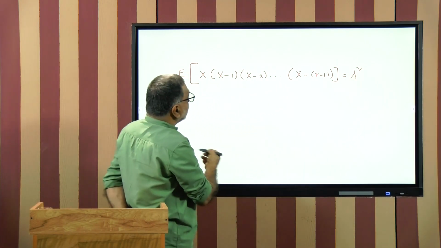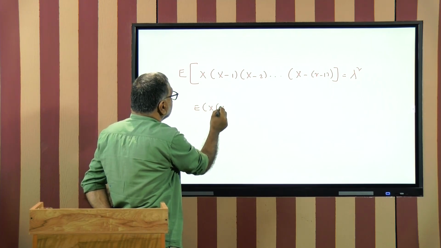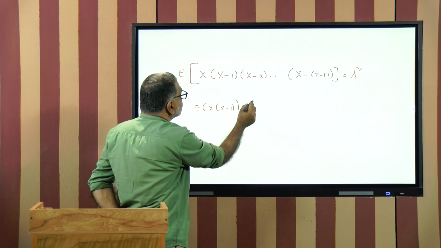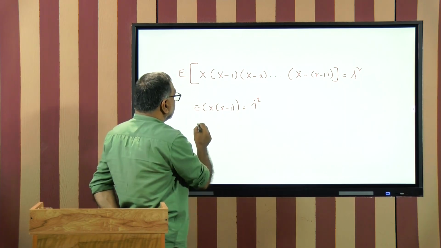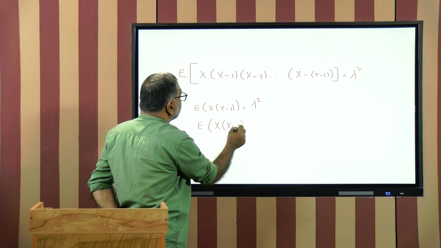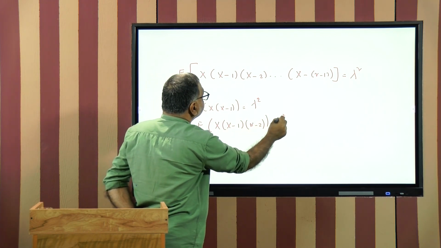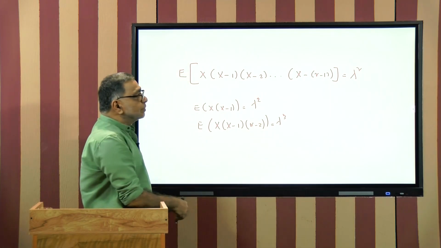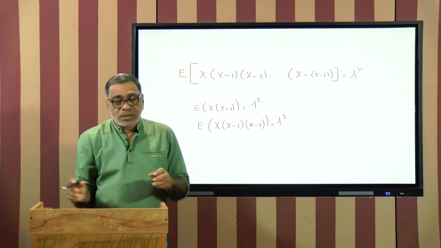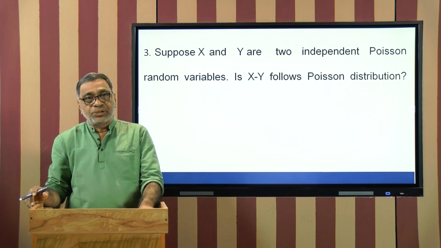So, for example, if you are finding x into x minus 1, this is lambda square. If you are finding x into x minus 1 into x minus 2, this is lambda cubed, etc. So, this is the rth factorial moment of the Poisson distribution.